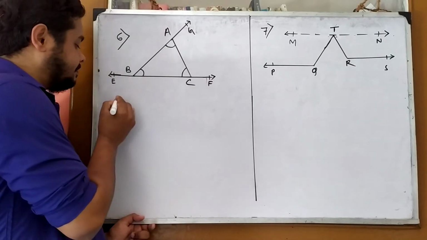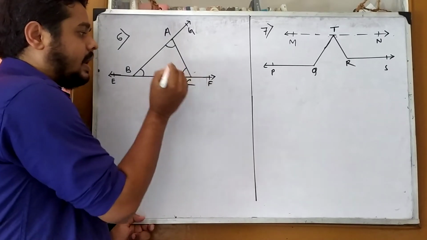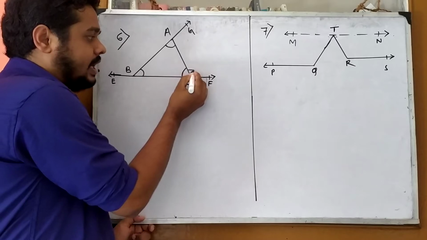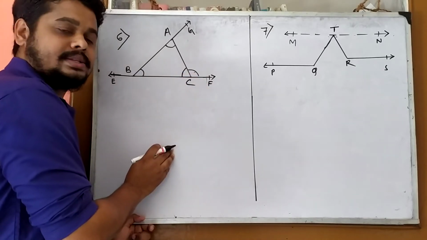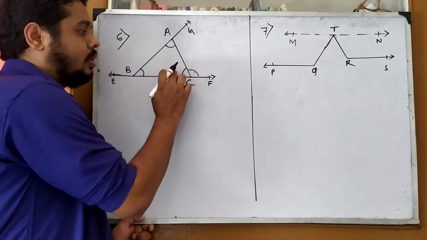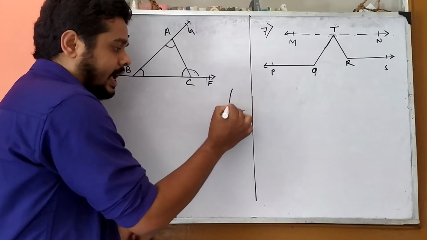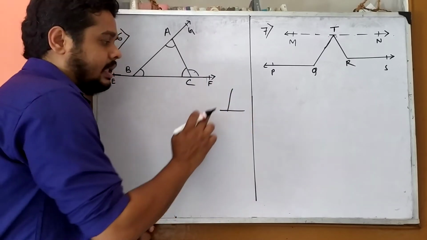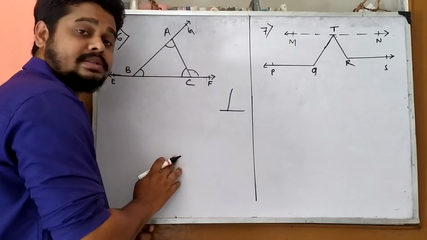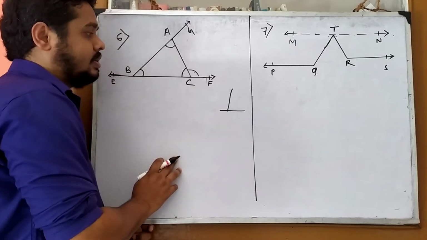Now see here, the sum of these two angles is 180 degrees. We know if one line is standing on another line, then the sum of these two angles is 180 degrees.